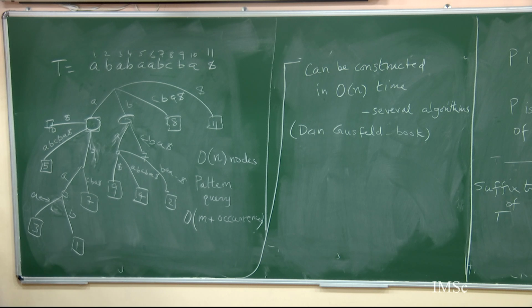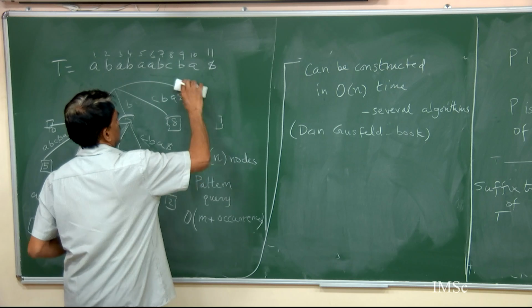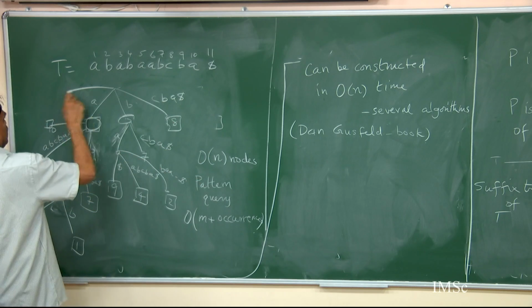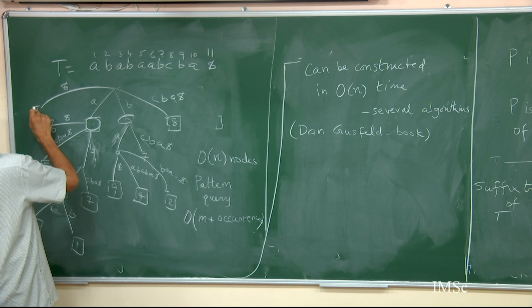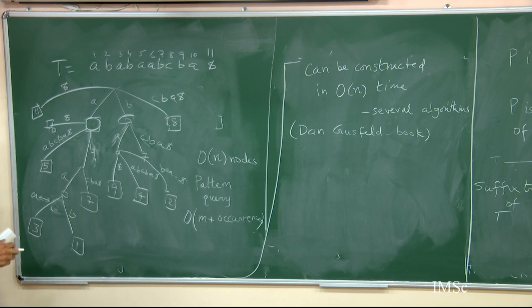If you look at the leaves, if I have done this correctly, no, I did not do this correctly. Okay, so let's. If you read the leaves from left to right, so let's say the children of each node are ordered according to the order of the characters.